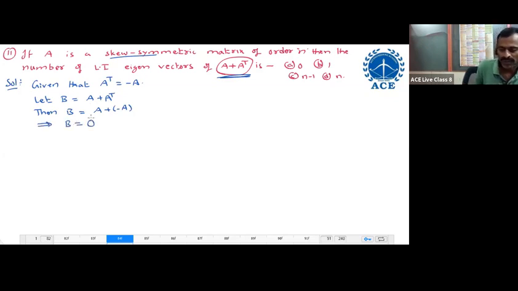Finding the number of independent eigenvectors of A plus A transpose is the same as finding the number of independent eigenvectors of the 0 matrix, indirectly. For the 0 matrix, we know that the eigenvalues of the B matrix are lambda equal to 0, 0, and so on, 0, n times, because of nth order.